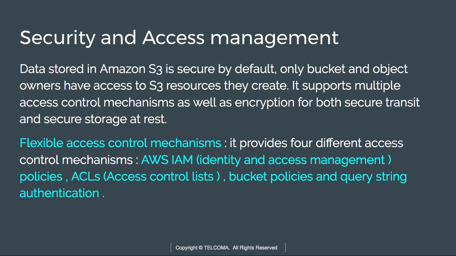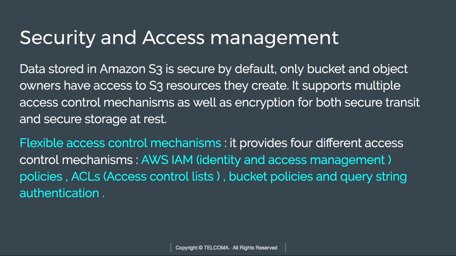IAM, Identity and Access Management, enables an organization to create and manage multiple users under a single AWS account. With IAM policies, we can grant IAM users control of your buckets and objects. We can also use access control lists to selectively add certain permissions on individual objects.